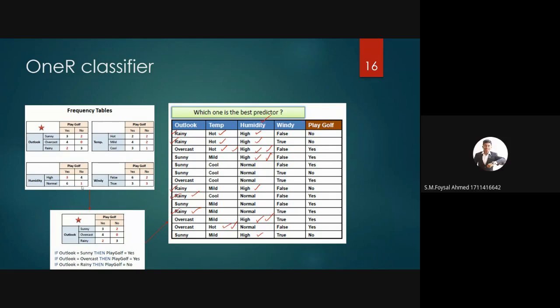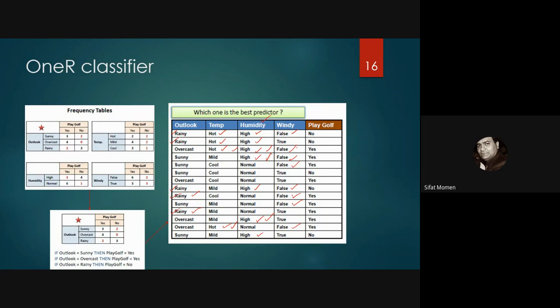Similarly, for the normal, I find 6 yeses and 1 no. Is that okay? Now I can do it for the predictor called windy. Windy is true or false. So there are trues and falses. Let's try to see how many false there are. 1 false, 2, 3, 4, 5, 6, 7, 8. Eight false. Among the eight false, let's see how many are yes.